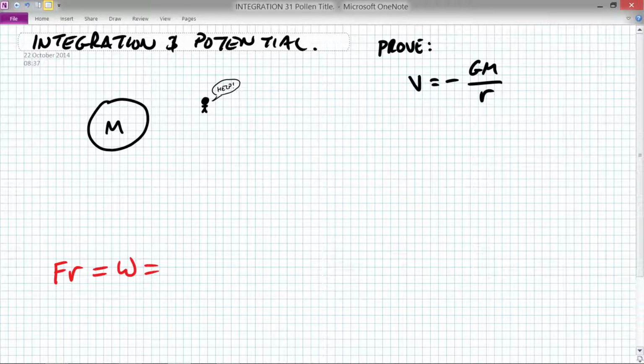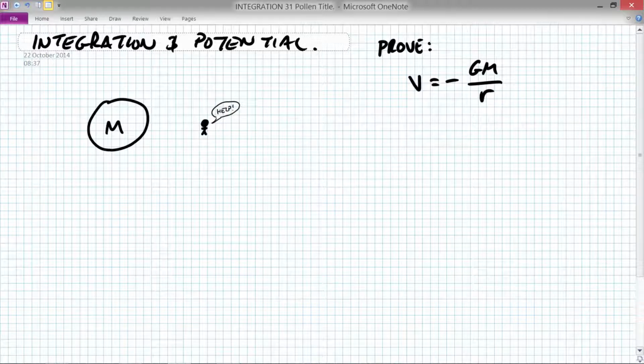So what we do is we start off with something or someone with a mass m at some radius r away from a planet. So this guy has a mass m, and he wants, if you like, to fall towards the planet.